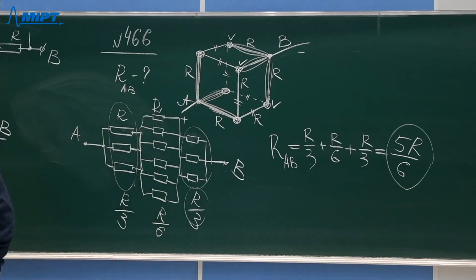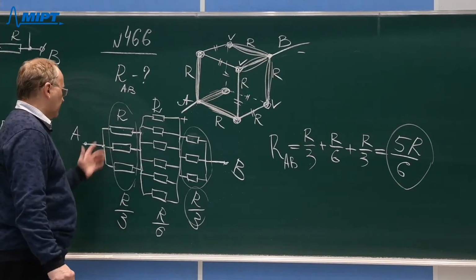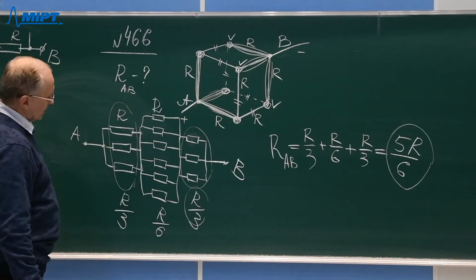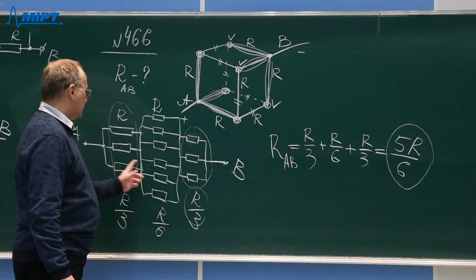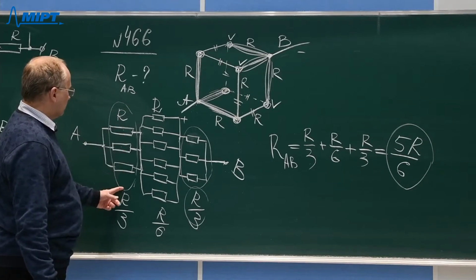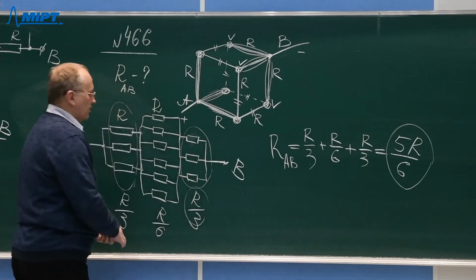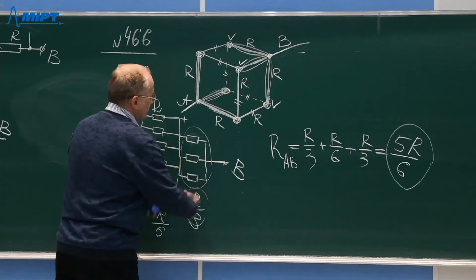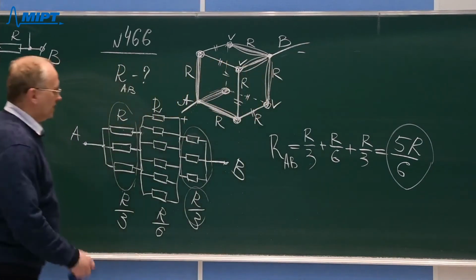And after we have figured out and drawn this equivalent scheme, then it's very easy to calculate the resistance of some resistors in parallel and 3 sections in series. As these 3 sections are connected in series, we have to add the resistances of these 3 different sections.